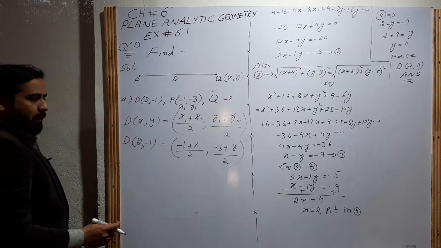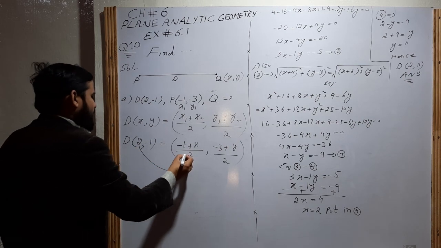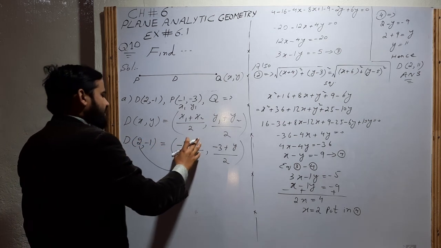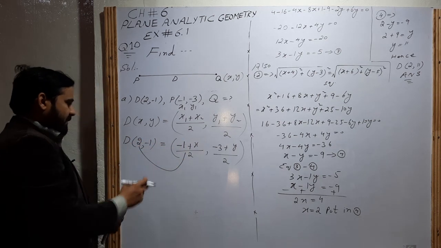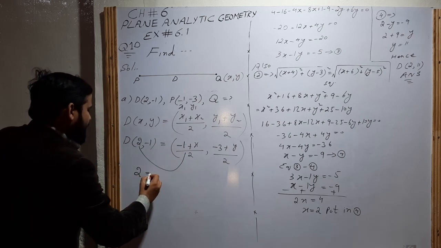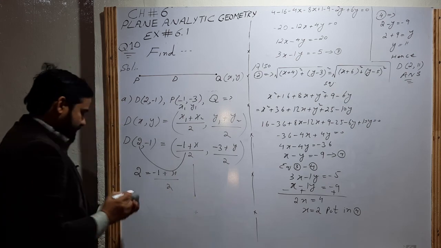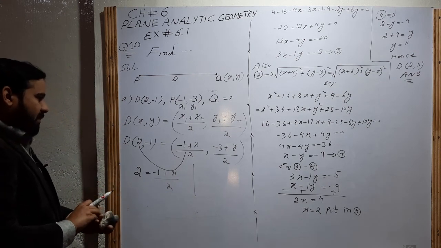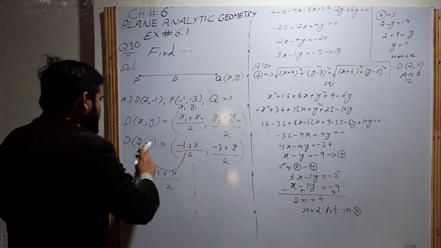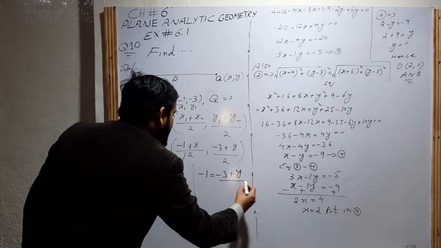So simple, compare the x coefficient and y coefficient values. A simple x coefficient means x coordinates with x coordinates, and second one y and y. So comparing x values in this case, 2 equals (minus 1 plus x) divided by 2, and on the other side y values in this case, minus 1 is equal to (minus 3 plus y) divided by 2.